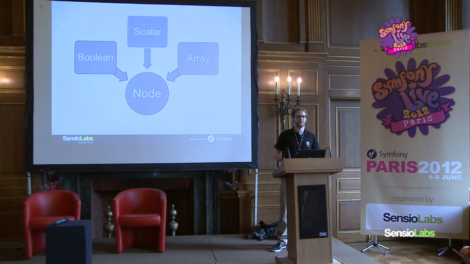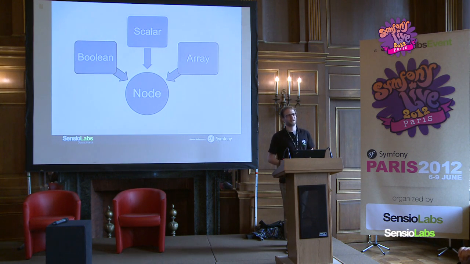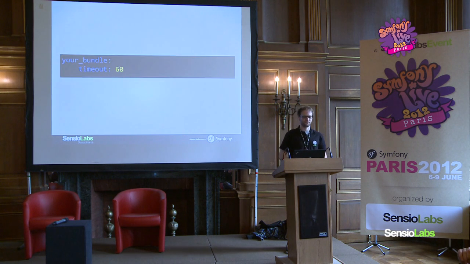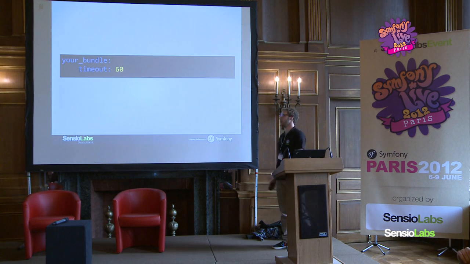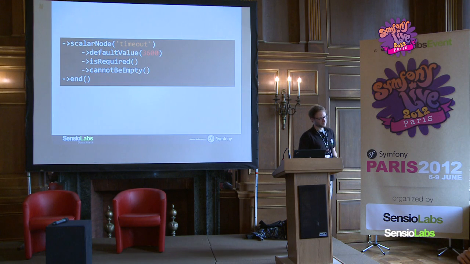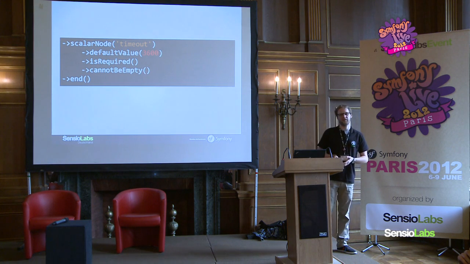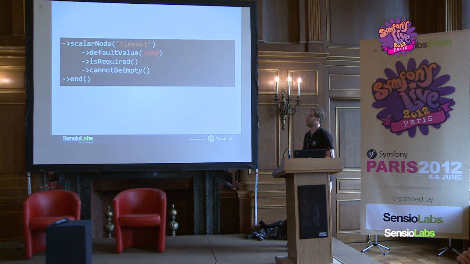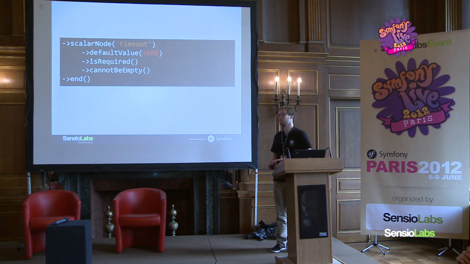For scalar types, it's a bit different, because scalar can be many types. For example, if you have a bundle that's defining the timeout you're going to have for your API, or for web requests, you can define something like this. For example, I want a default value of this time. And I want it to be required.